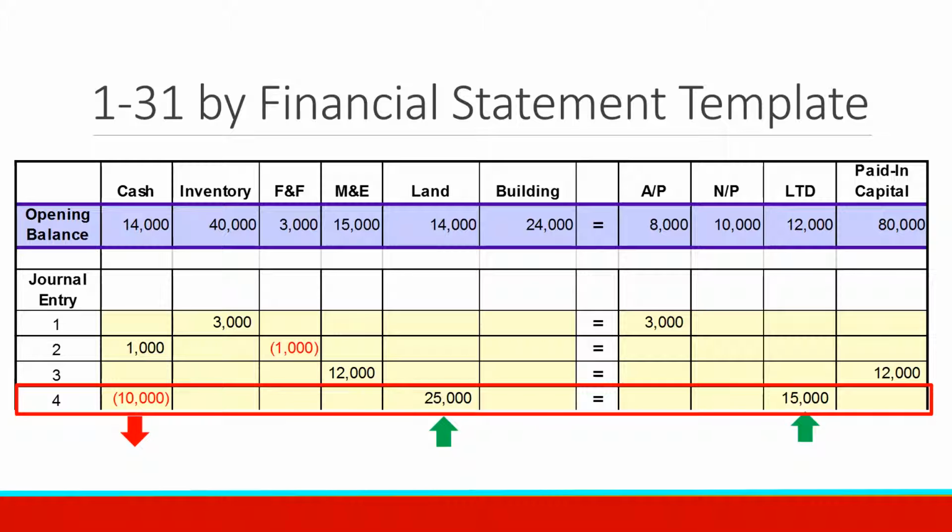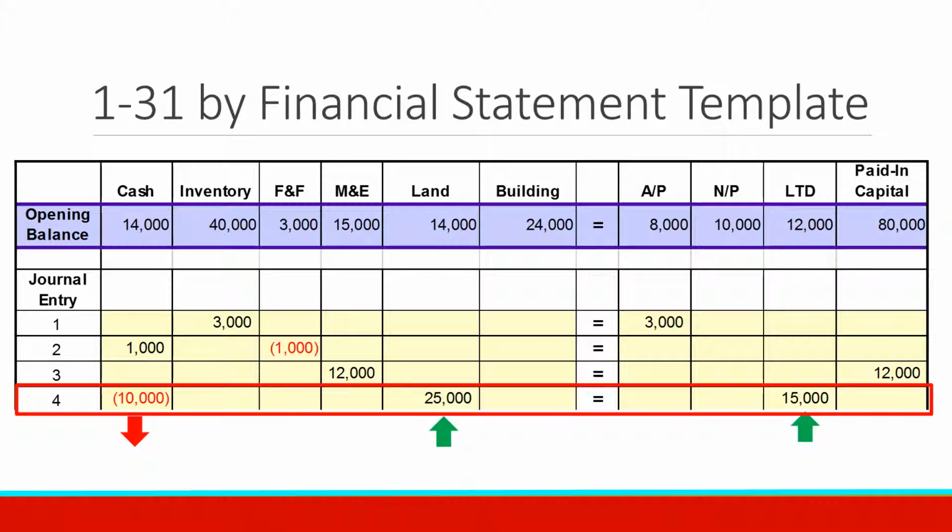We're giving up $10,000 in cash, so we'll put a negative $10,000 in the cash column, and we'll put brackets around it to make it clear that it's a decline. And since we're using colors here, we'll use the color red, again to indicate a negative number.